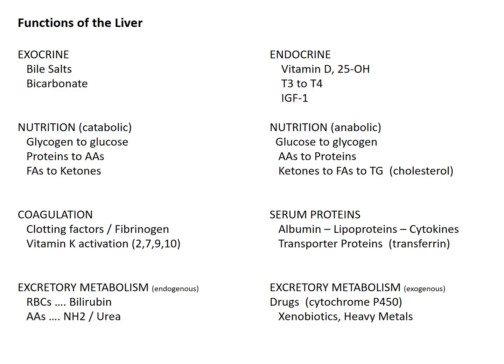The liver is responsible for metabolism, so it metabolizes hemoglobin to bilirubin when red blood cells break down, and it metabolizes amino acids into ammonia and urea, which will eventually be eliminated by the kidney. And then the other major function of the liver is the metabolism of drugs and environmental chemicals.